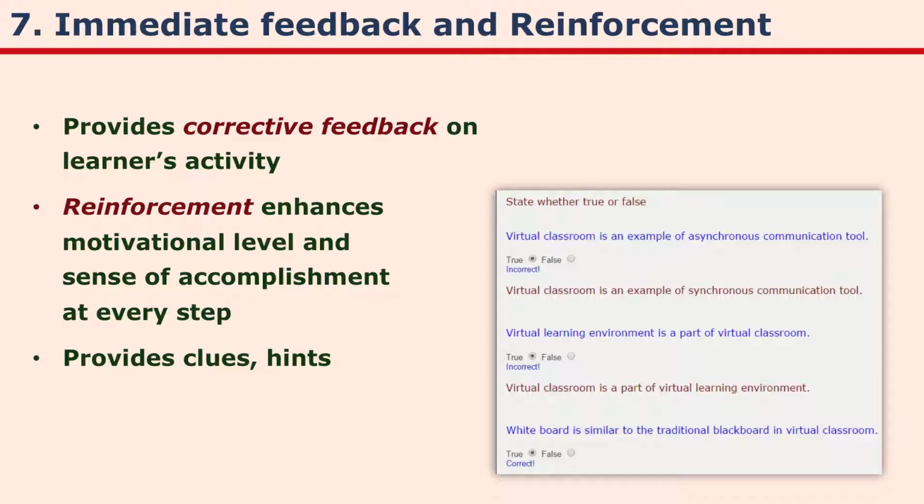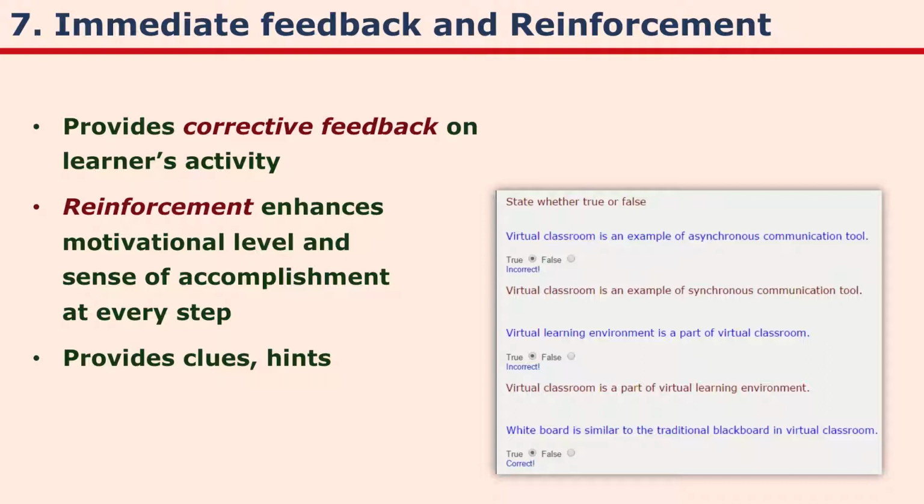Computer assisted instruction provides immediate confirmation of the learner's responses. CAI gives corrective feedback on the learner's activities. Now, this feedback can provide reinforcement and can motivate the learner for further learning. There can be a variety of feedbacks used. The computer can use different media.